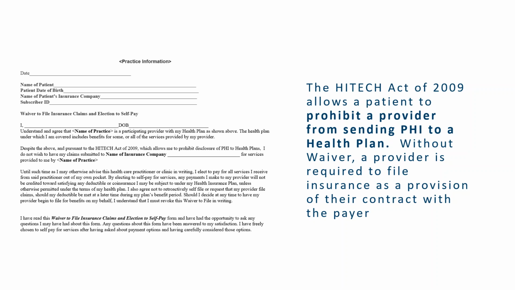By electing to self-pay, any payments I make to my provider will not be credited towards satisfying any deductible or coinsurance I may be subject to under my health insurance plan. So what you can't do is, let's say a patient comes in with an $11,000 deductible, you offer them a discount on their deductible and then go ahead and bill insurance so that they can meet their deductible.